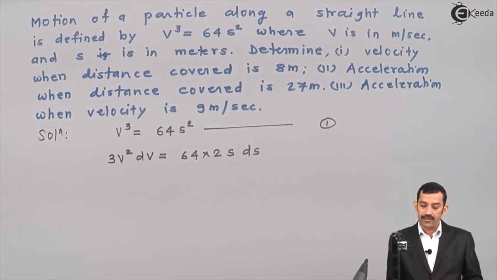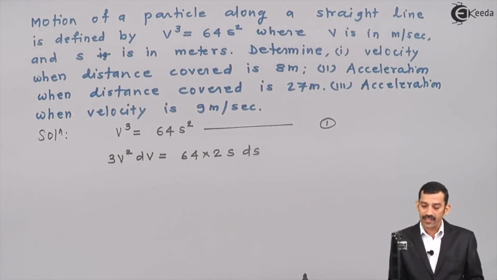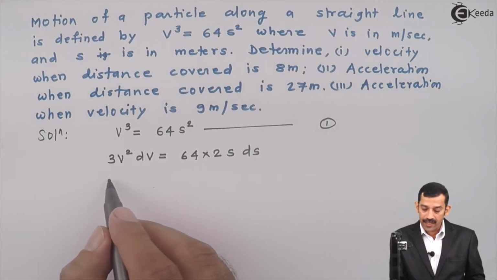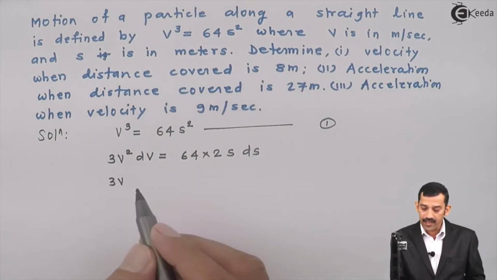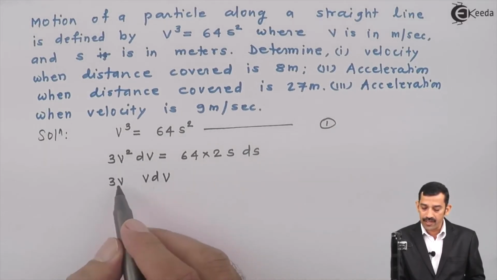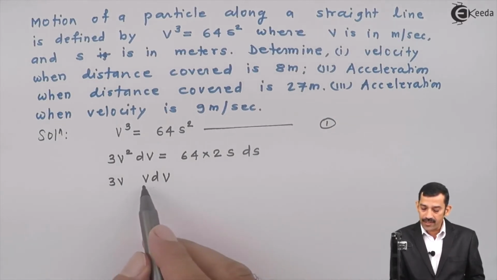That means you are getting 3v square dv equal to 64 into 2 s ds. Now on the left hand side, I will take 3v common, then v dv, since v square is written as v and v.